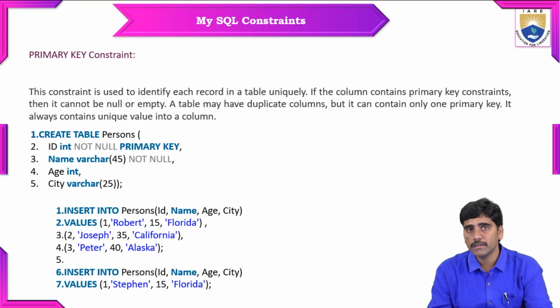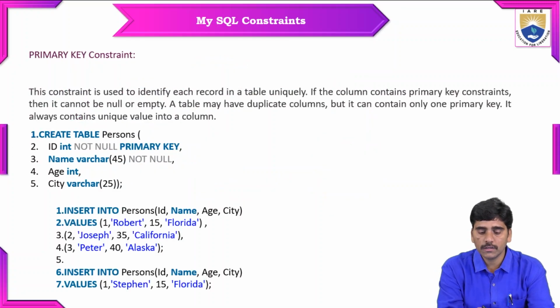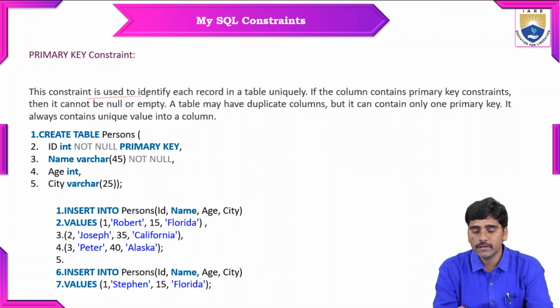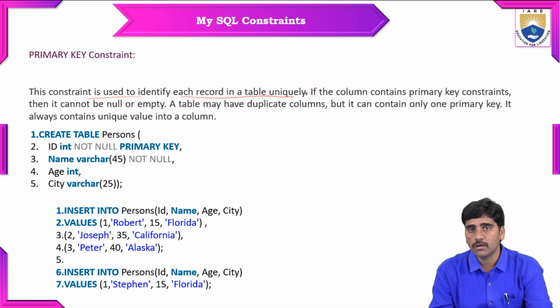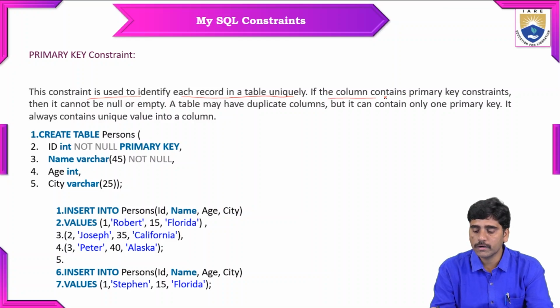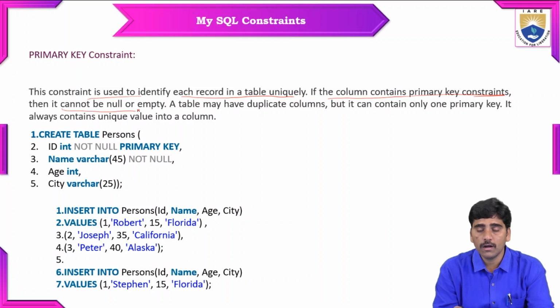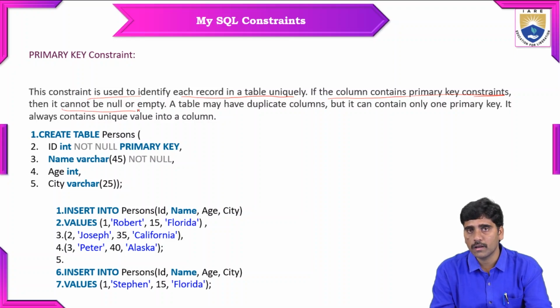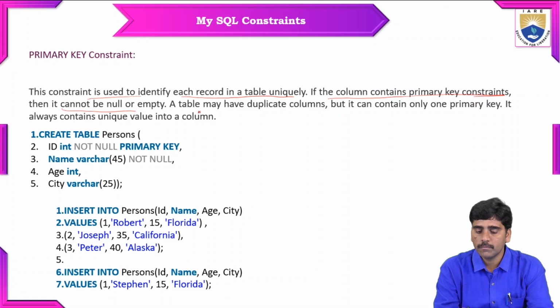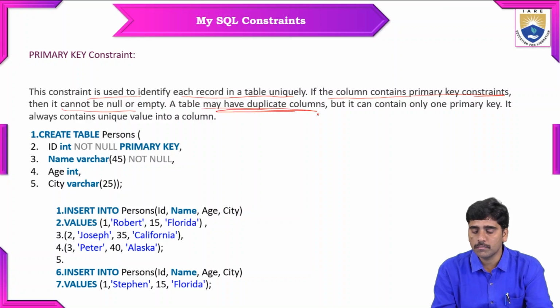Next one, primary key constraint. This constraint is used to identify each record in a table uniquely. If the column contains a primary key constraint, then it cannot be null or empty. A table may have duplicate values in other columns, but it can contain only one primary key.